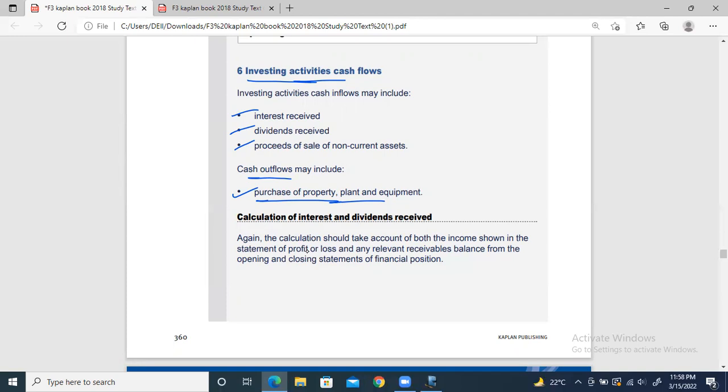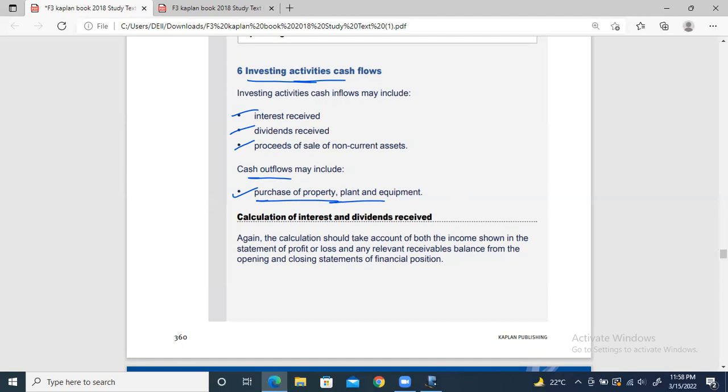Now you might be wondering why we did not write these, because these all things were interconnected when we studied the disposal chapter, right? So the disposal chapter had profit or loss as well, proceeds as well, depreciation as well. So the thing that we have to consider over here is why we did not write the loss or the profit over here. Because that was included in the profit figure, profit before tax.